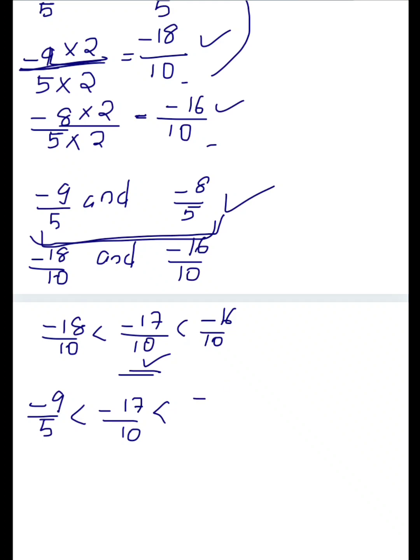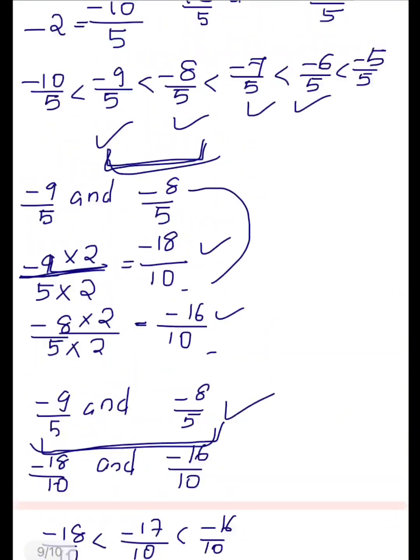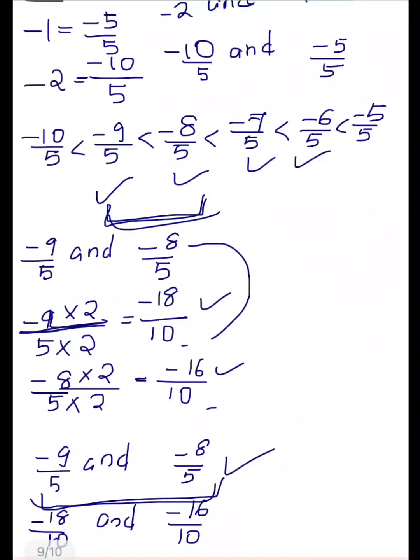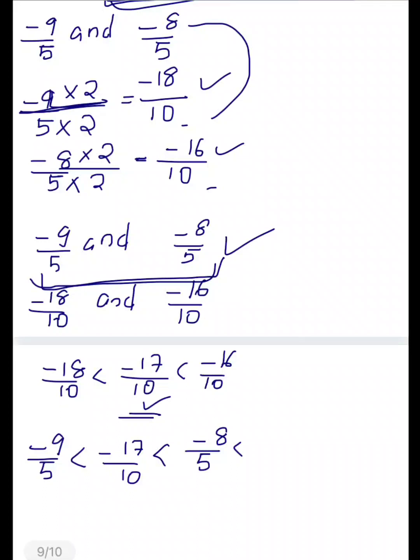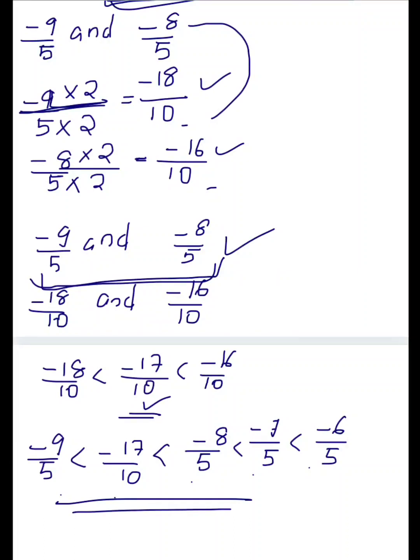Minus 8 by 5. Now what is next? You can see it's minus 7 by 5 and minus 6 by 5. So you have found out 1, 2, 3, 4, 5 rational numbers. So this is the answer. Now let's see the third one.